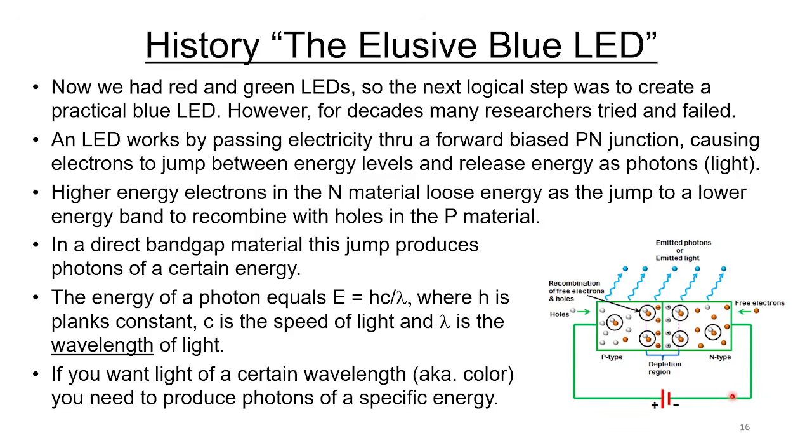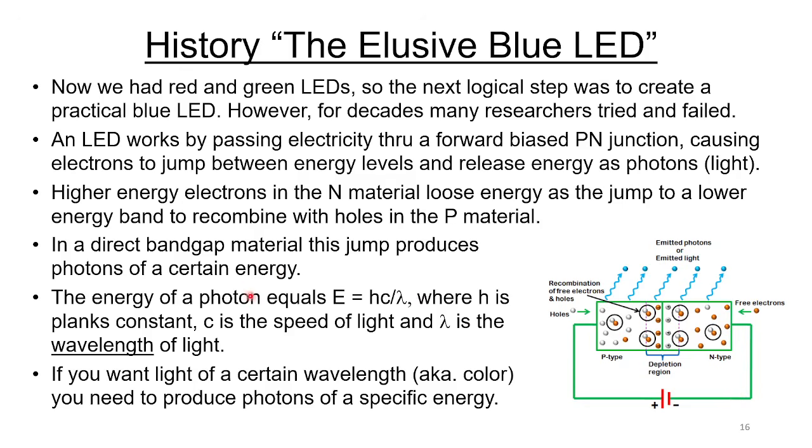Now, in a direct band gap material, this jump produces photons of a certain energy level. Now, silicon's an indirect band gap material, so you don't produce photons with silicon. It just produces lattice vibration, which is basically heat. However, in direct band gap materials, you produce these photons.